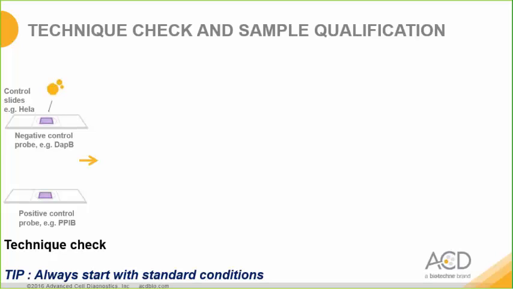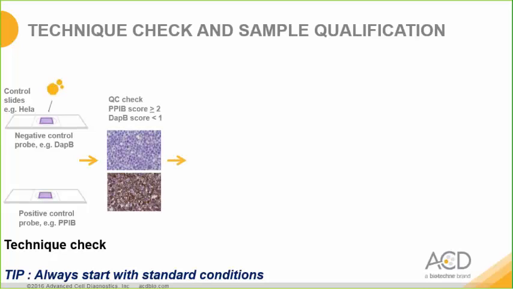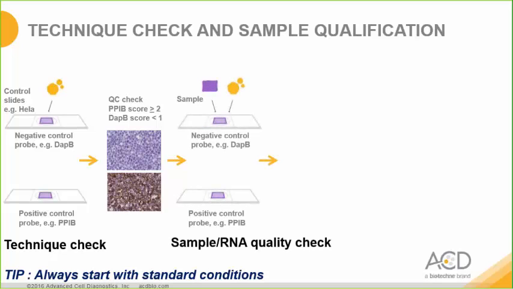Before running an RNAscope assay with target probes, your technique should be checked, and the sample should be qualified with the appropriate positive and negative controls. In the first step, slides prepared from cell lines are tested with the appropriate positive and negative controls. If the PPIB stain slide scores greater than or equal to 2, which is 4 to 9 dots per cell, and the DapB stain slide scores less than 1, the technical check passes and you can proceed to the sample RNA quality check, in which sample tissue is probed with the positive and negative controls.